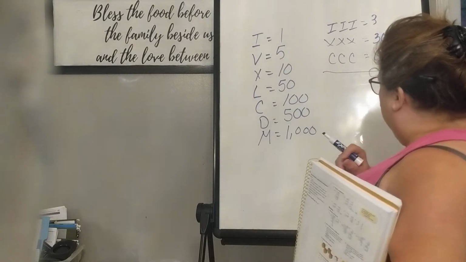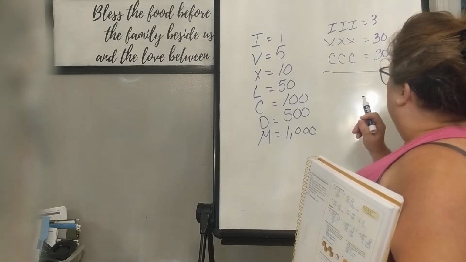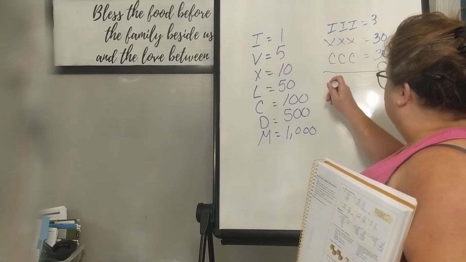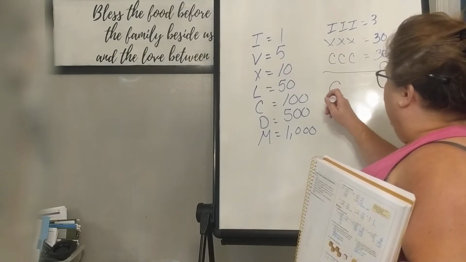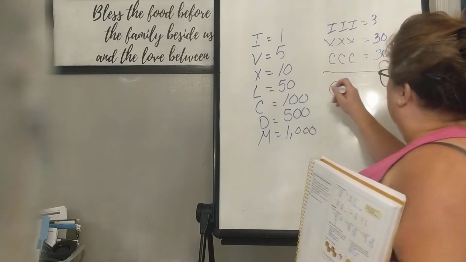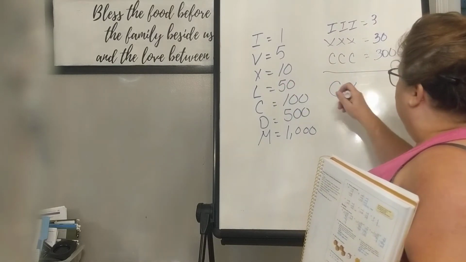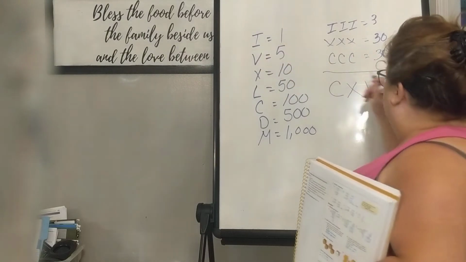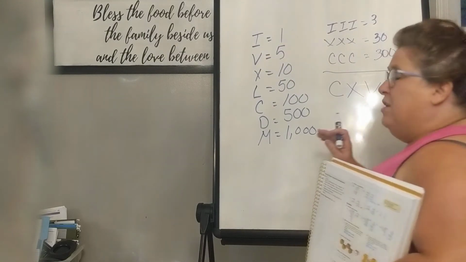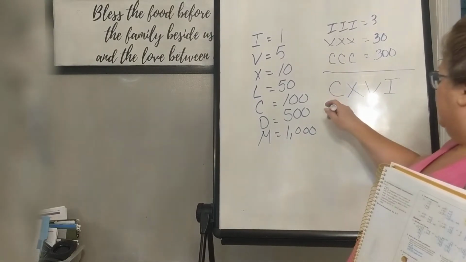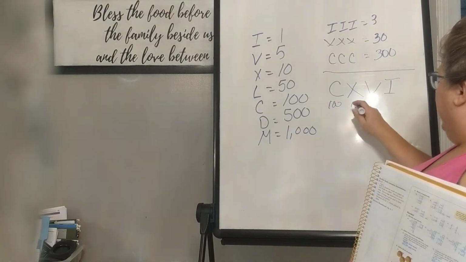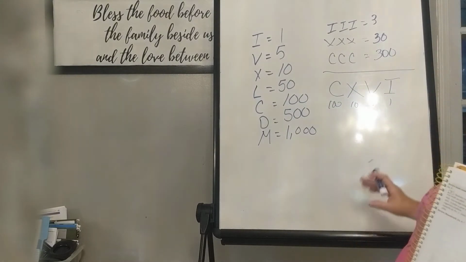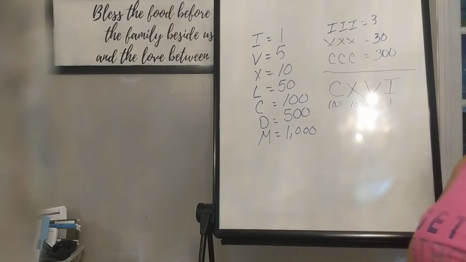The next thing you have to remember is that when we have a larger number like C, that's 100, and then a smaller number like X, and then another smaller number like V, and then another smaller number like I, when it starts from the biggest number and keeps going down, that's 100, 10, 5, and 1, we know we're just going to add those digits together for our number.